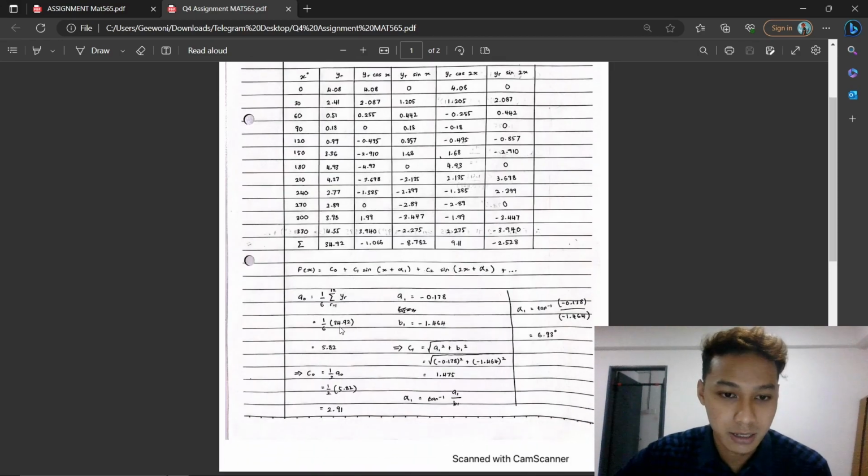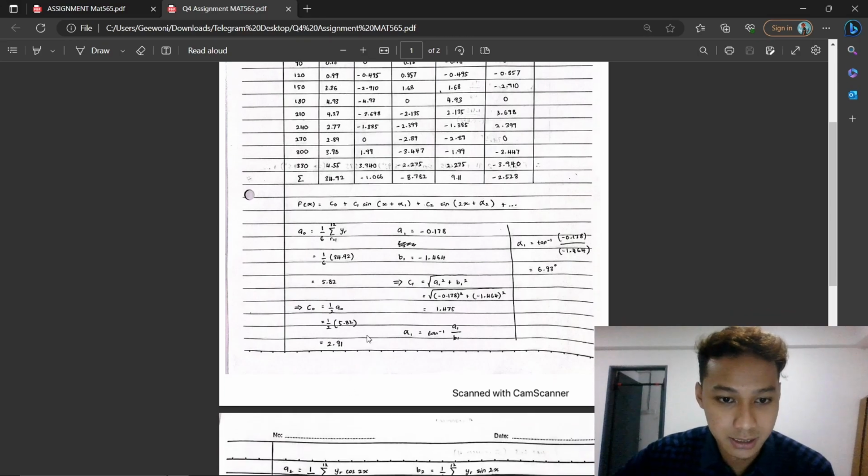We just multiply it by 1 over 6 and we get the answer, and then we can calculate C0, that is 1/2 A0, which we have calculated before. We insert it and we get the answer 2.91.